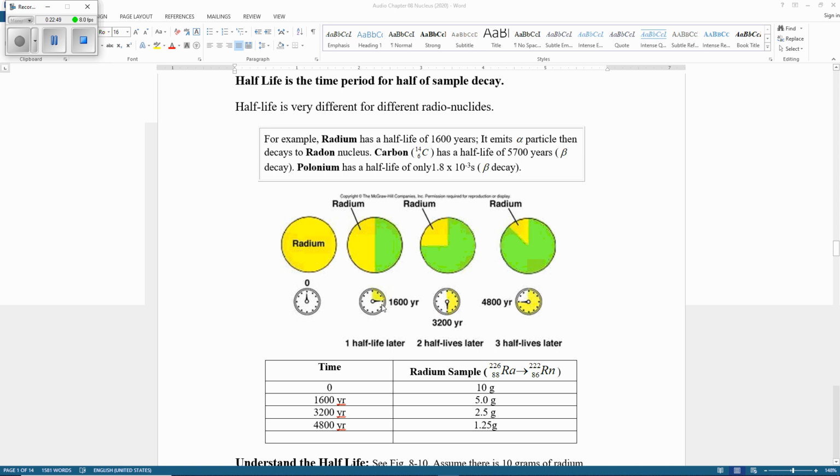Now what if we wait a second half-life? Another 1,600 years, so 3,200 years total. Then this half is going to be cut in half again, so we have 1/4 left. The green part is the sample decayed.